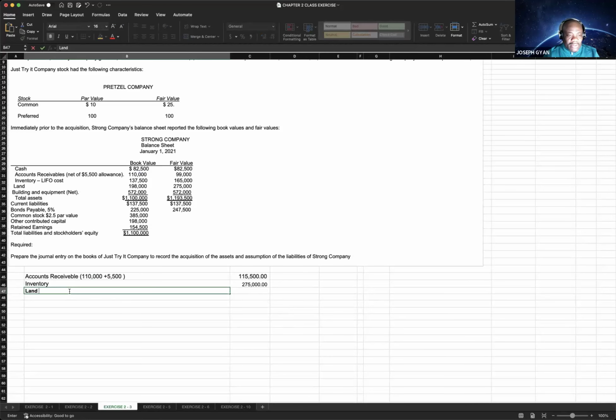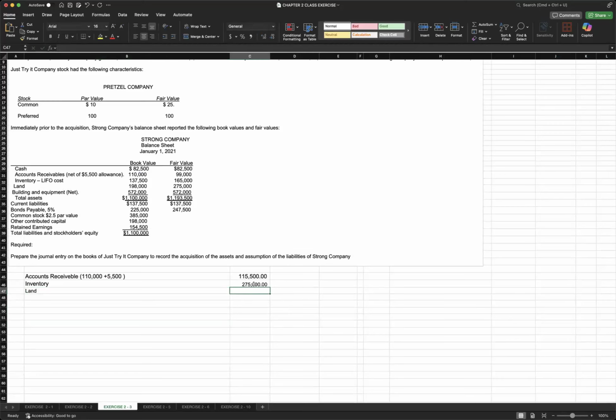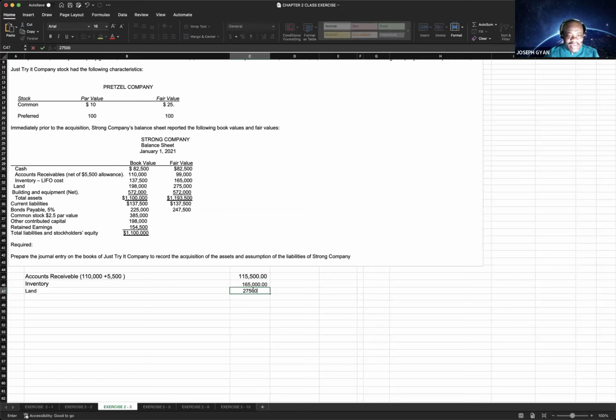The land is equal to 275,000. So this 275 is for the land, right?